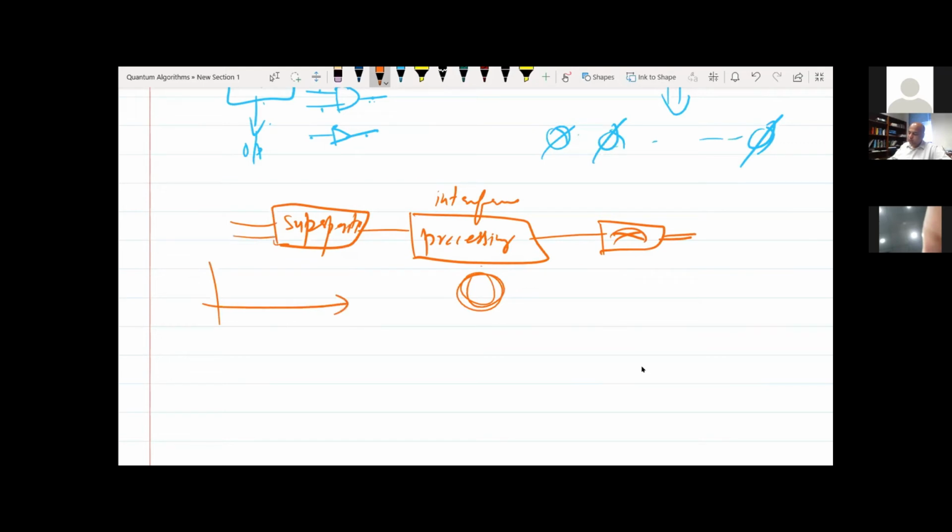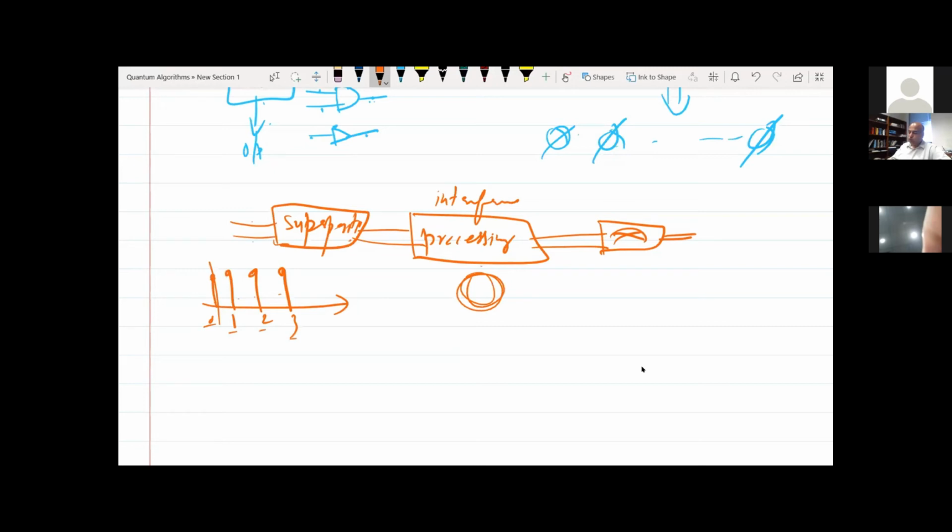Since we have gone from a state of equal superposition, let's say it's a 2-qubit circuit, which means there are only 4 possible states: the 0 state, 1 state, 2 state, and 3 state. So the first part of most algorithms is to prepare a superposition of all these 4 possibilities.